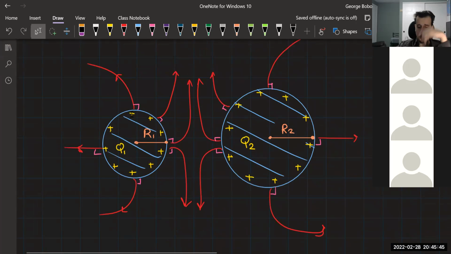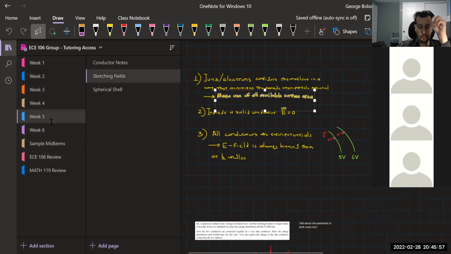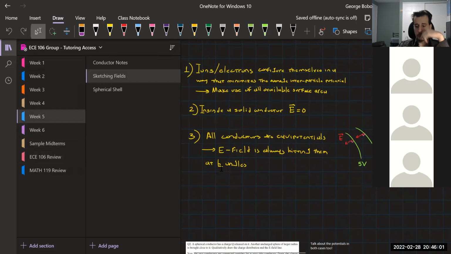When they were separate, can somebody tell me what is special about this surface according to rule number 3? What does it say, number 3?